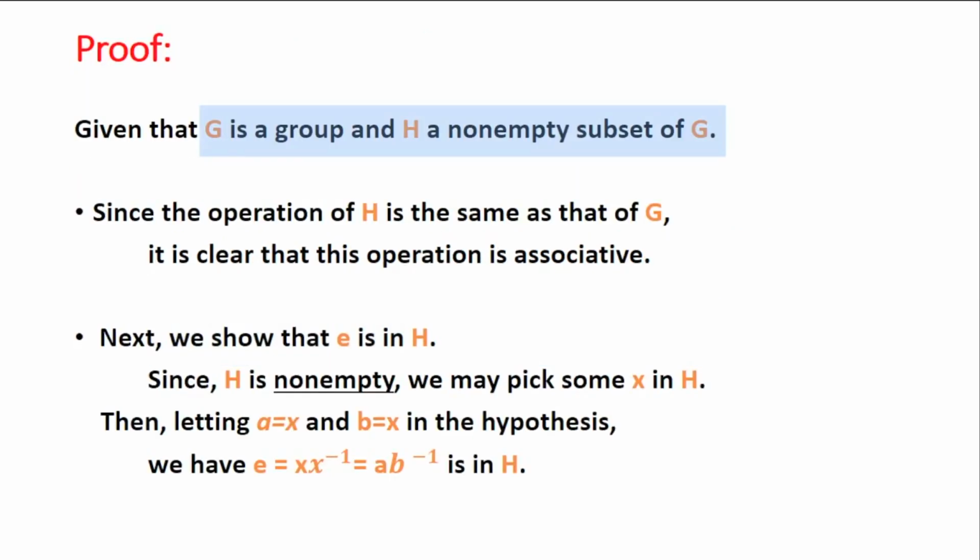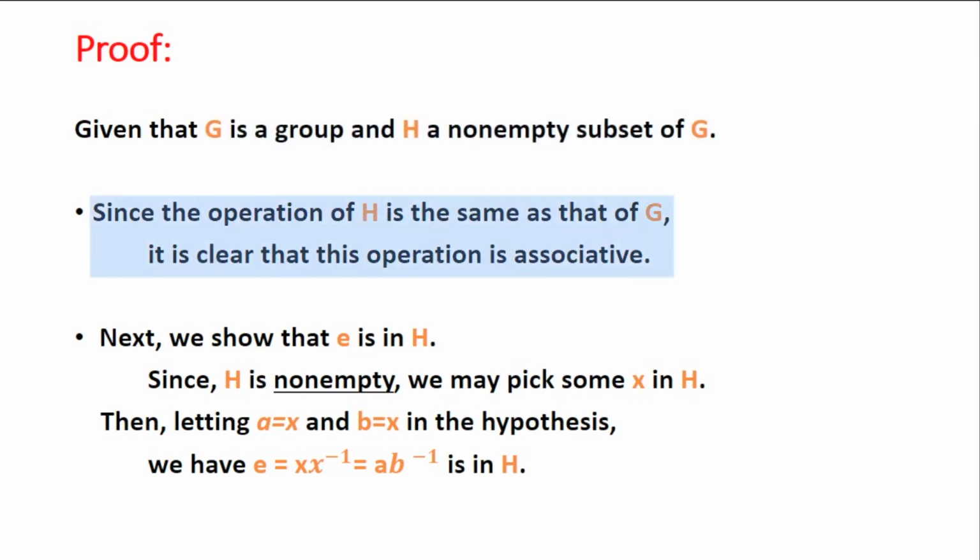We can prove it as follows. Given that G is a group and H is a non-empty subset of G. Since the operation of H is the same as that of G, it is clear that this operation is associative.